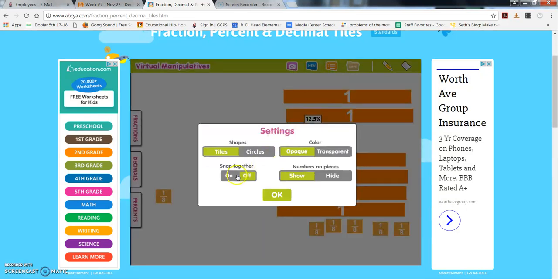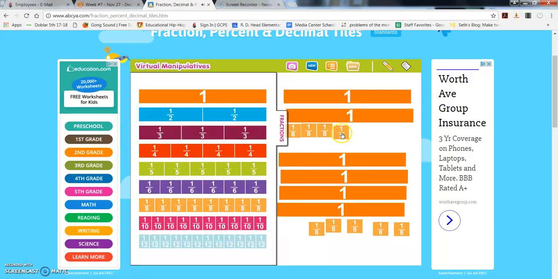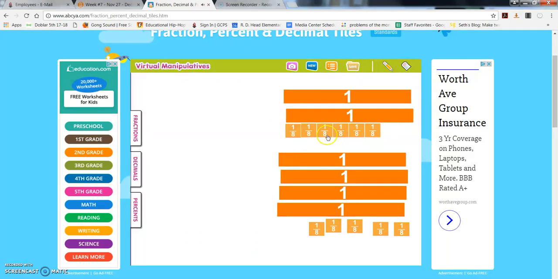I'm going to start snapping. So 2, 3, 4, 5, 6. So in this situation, 2 6/8 plus 4 5/8.